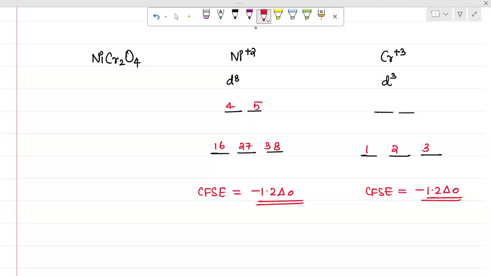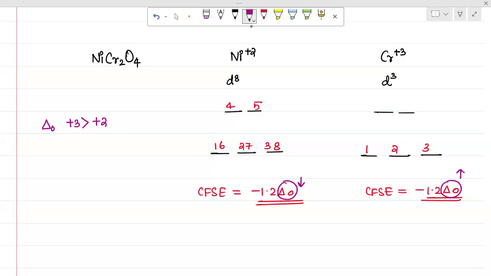So what we can say over here is that this one is in +2 and the other one is in +3. Correct? As your oxidation state increases, we have learned that your splitting increases. The splitting of +3 will be greater than +2. So this value for +3 will be higher than this value for a metal in +2. So the CFSE of chromium 3+ is high.